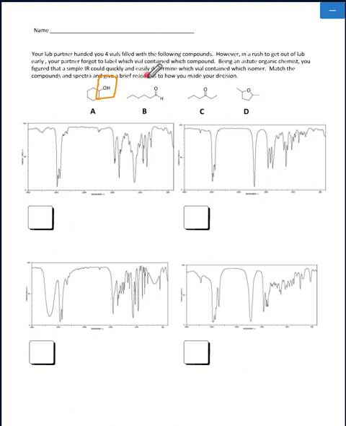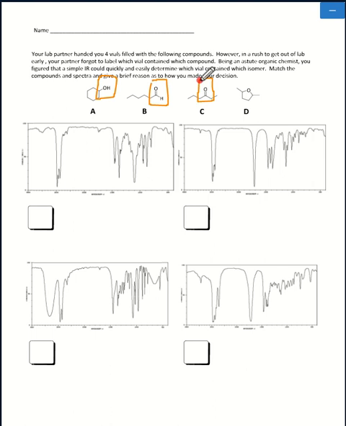Molecule B has a carbonyl, a C double bonded to oxygen, and also, what will be important later, the aldehyde hydrogen, the carbon bonded to hydrogen in an aldehyde. A very similar functional group, in molecule C, is the ketone carbonyl. That's still a C double bond O, like in the case of an aldehyde.